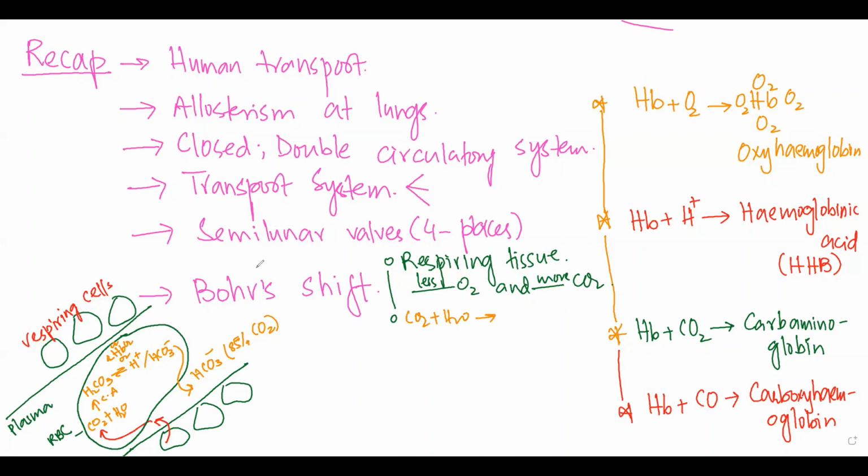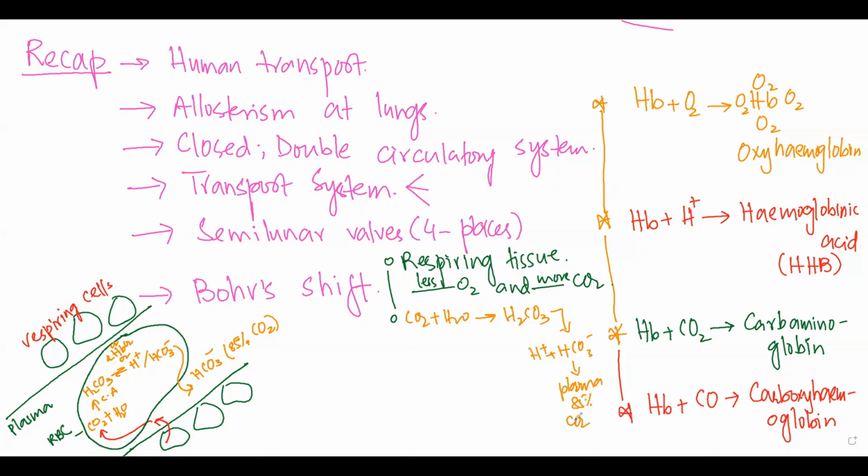But the thing is, CO2 with water gives H2CO3. This breaks into H plus and HCO3 negative. HCO3 negative comes to blood plasma, and 85% of carbon dioxide is carried to the lungs through HCO3 minus.